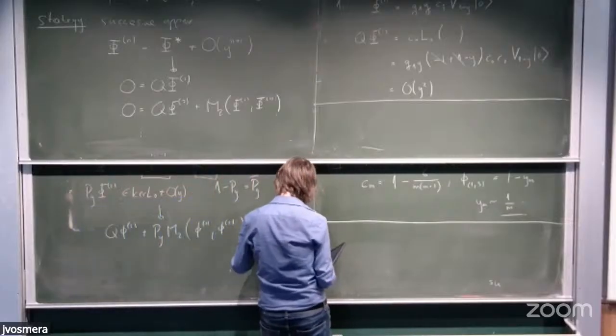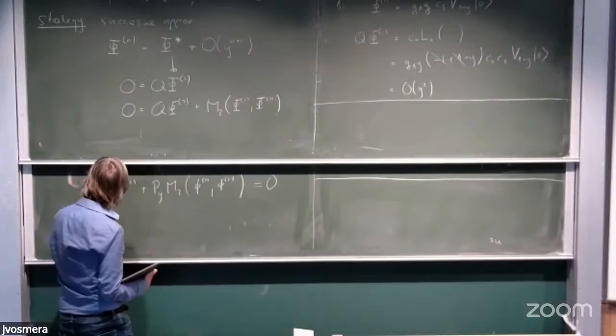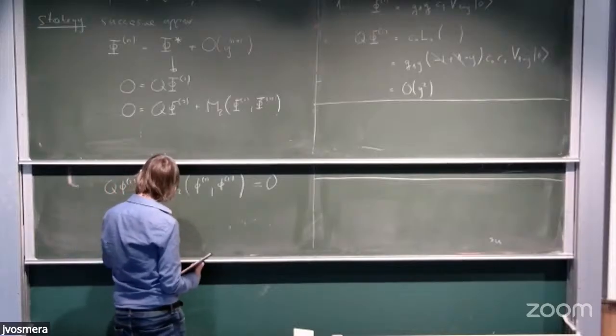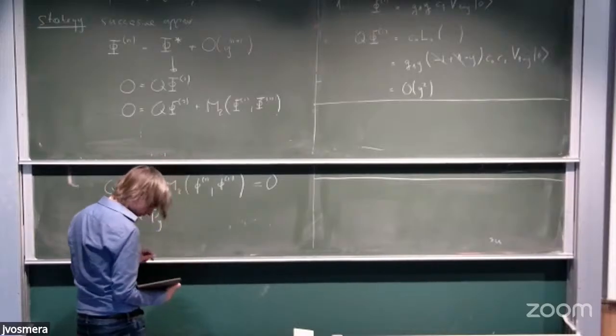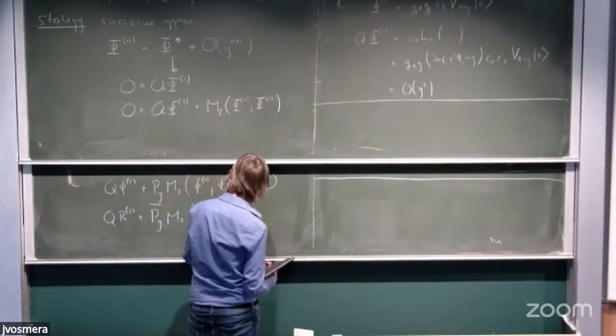So that is the equation for lowercase phi. And then there will be this equation for the capital R, with P y bar.